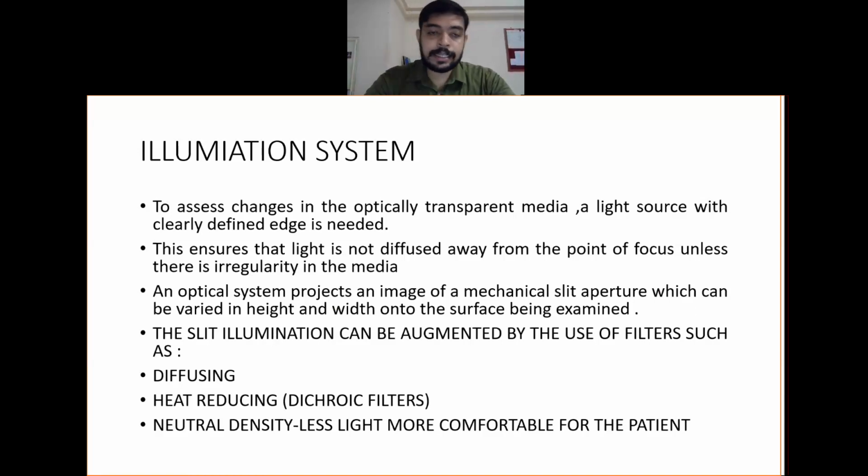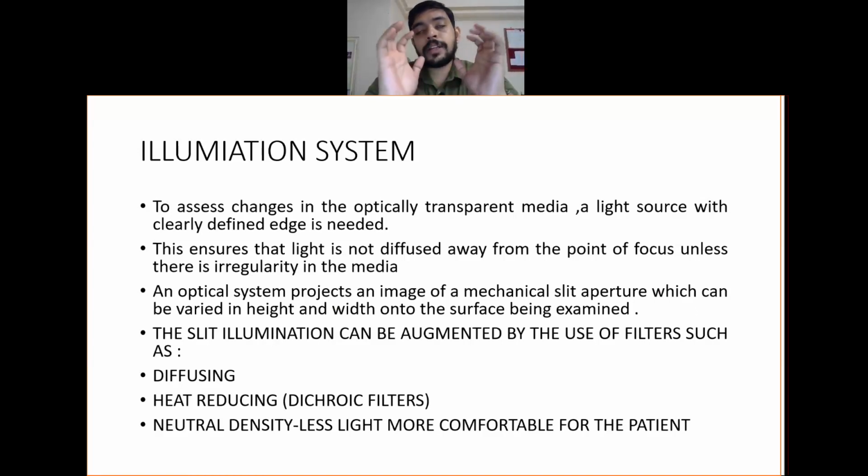So the illumination system: to assess the change in the optically transparent media, a light source with clearly defined edges is needed. To observe the damage or improper surface of a cornea, if we want to notice the improperness of the cornea, we need clearly demarcated, sharp-edged illumination, to ensure that the light is not diffused away from the point of focus unless there is irregularity in the media.